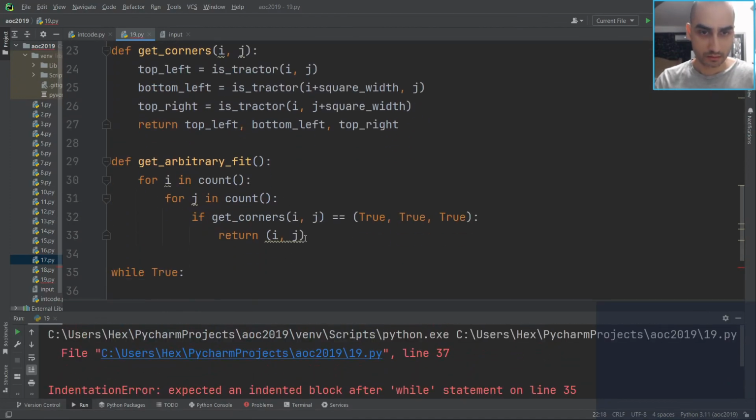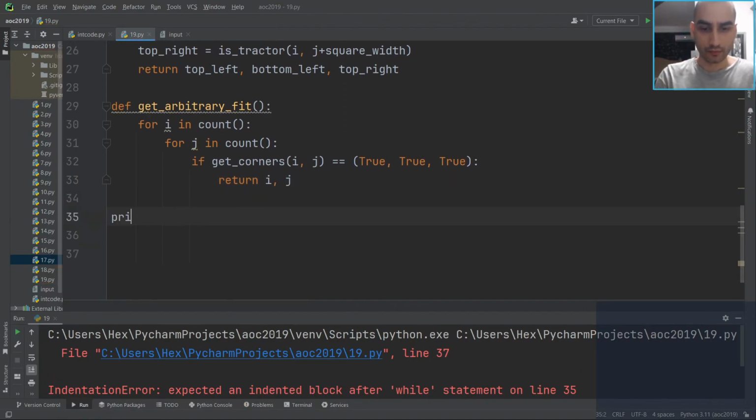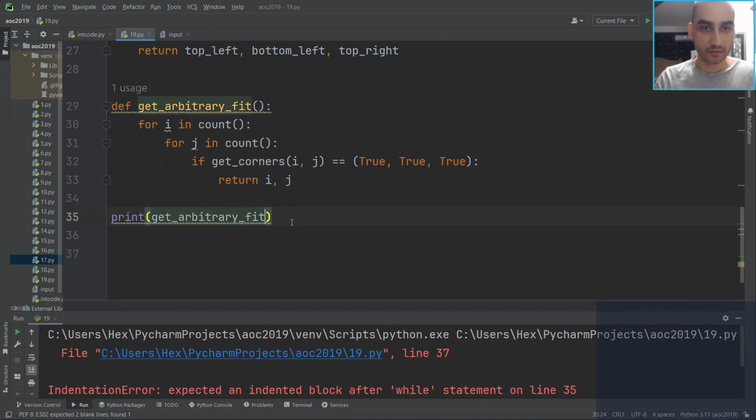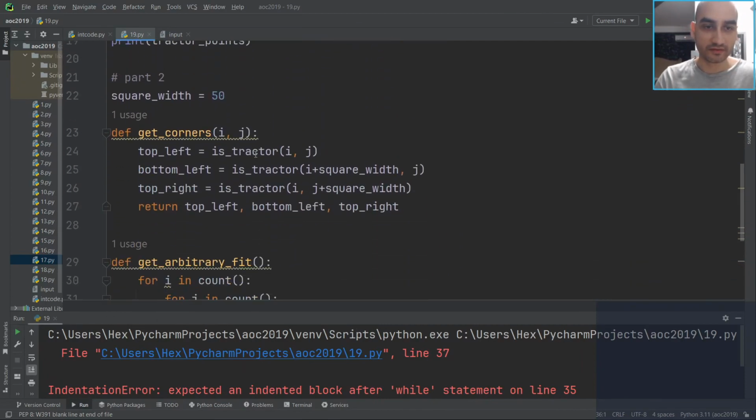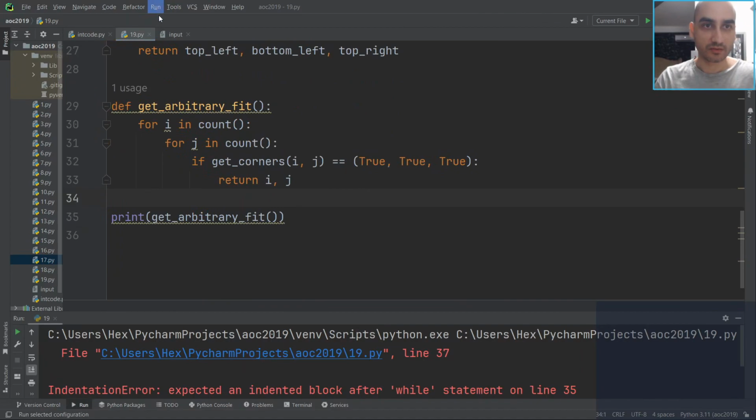What? Oh, take that out. Okay, print ij. Wait, what? No. Oh, that's why. Because I wasn't printing the result of this. That was stupid. Alright, print get arbitrary fit. Okay. I was just printing what i and j were left over from this for loop before. Alright, now try running it. It's probably going to take forever now.